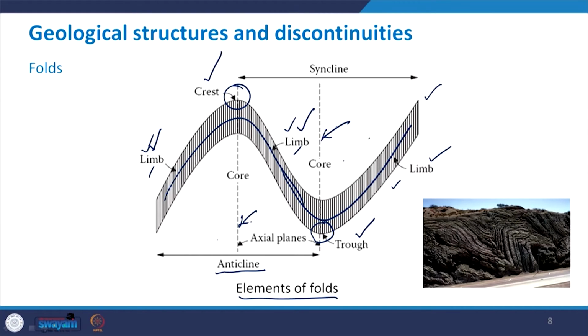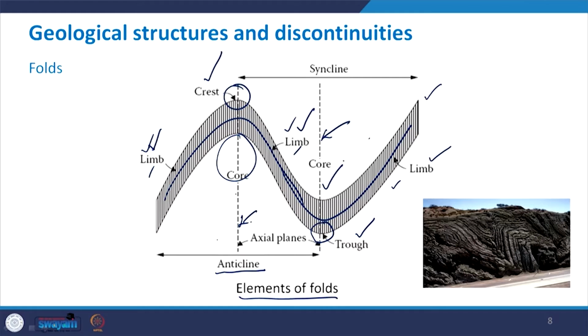Now, you see, in case of the anticlines, older rock beds generally occupy a position in the interior, that is on this side, that is core. Whereas, in syncline, the rock beds in the interior, they are generally young.